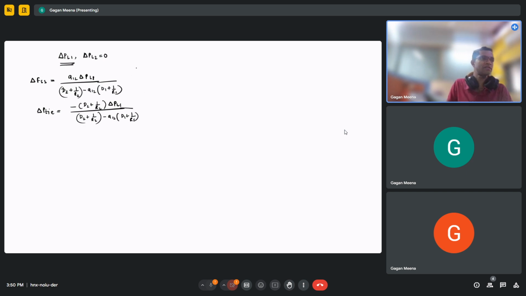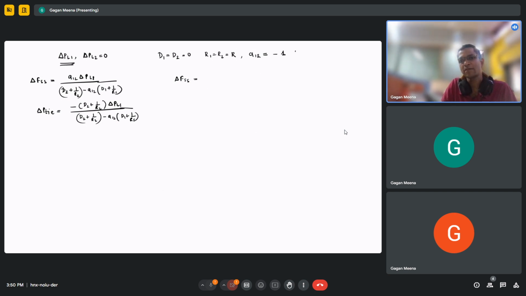Now here, let's assume a special case: D1 is equal to D2 is equal to 0 and R1 is equal to R2 is equal to R. Let us calculate what delta F will be. D2 is 0, D1 is 0, and one more thing, A12 is equal to minus 1.